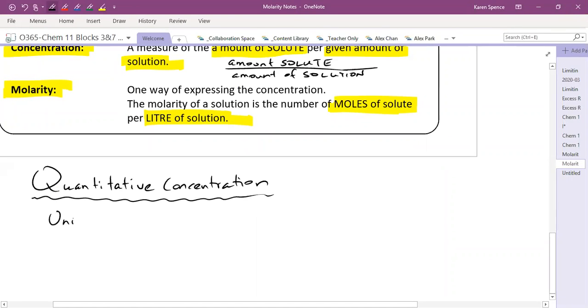Units for concentration. And you'll often see me abbreviate concentration as just either conc or conc with a little n up at the top.